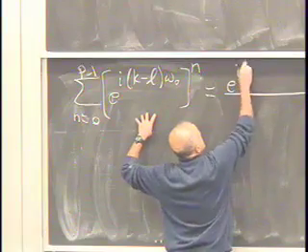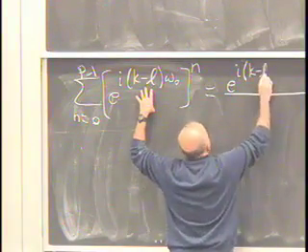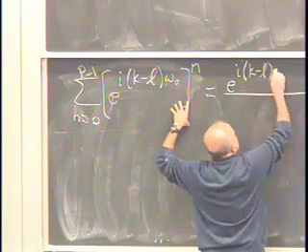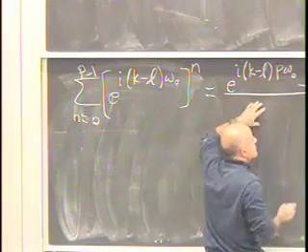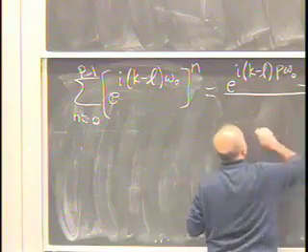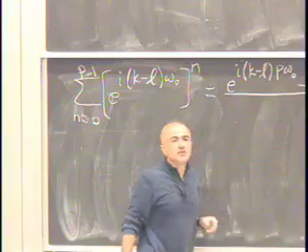e to the j, k minus L, times P times omega naught, minus 1. And what can you tell me about the denominator? Should I even care?